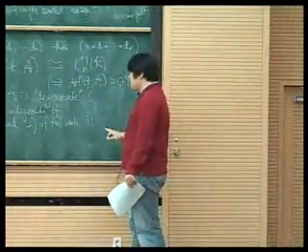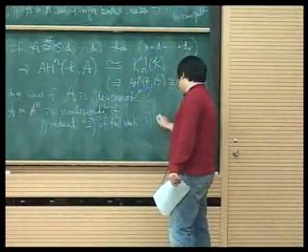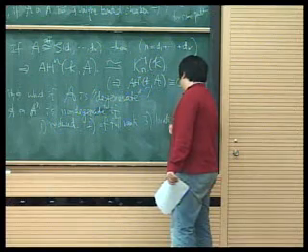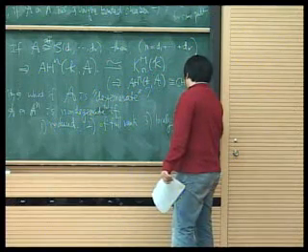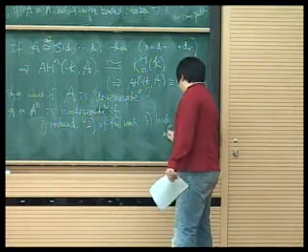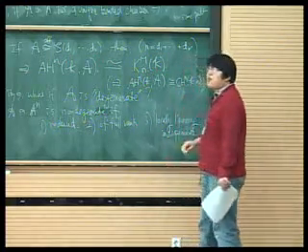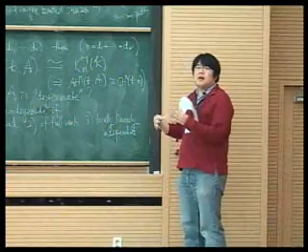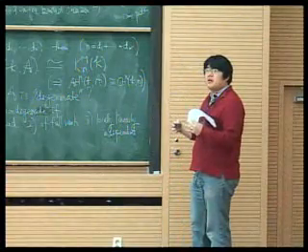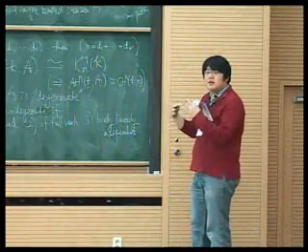But there is something that we call locally linearly independent. That means that at each point, if you collect all hyperplanes that pass through the given point, then the normal vectors should be linearly independent.